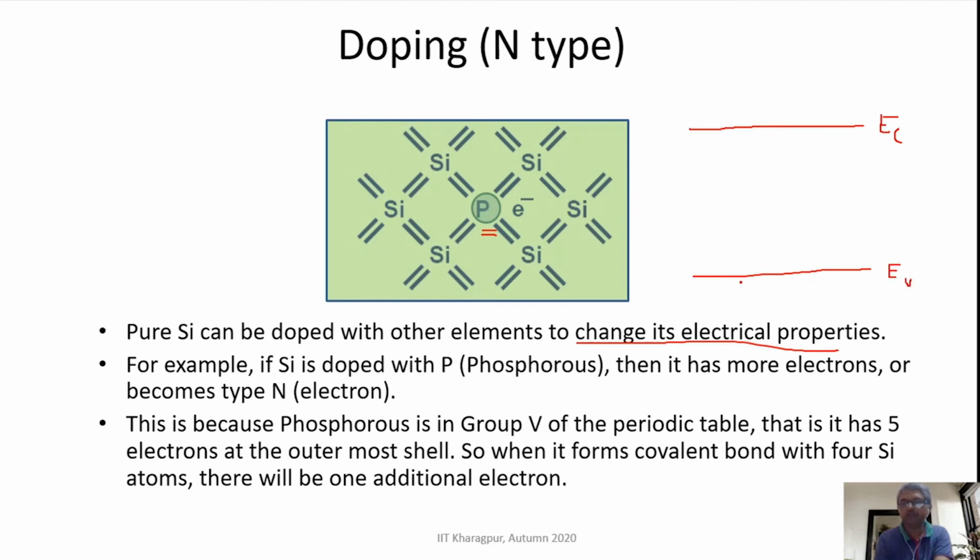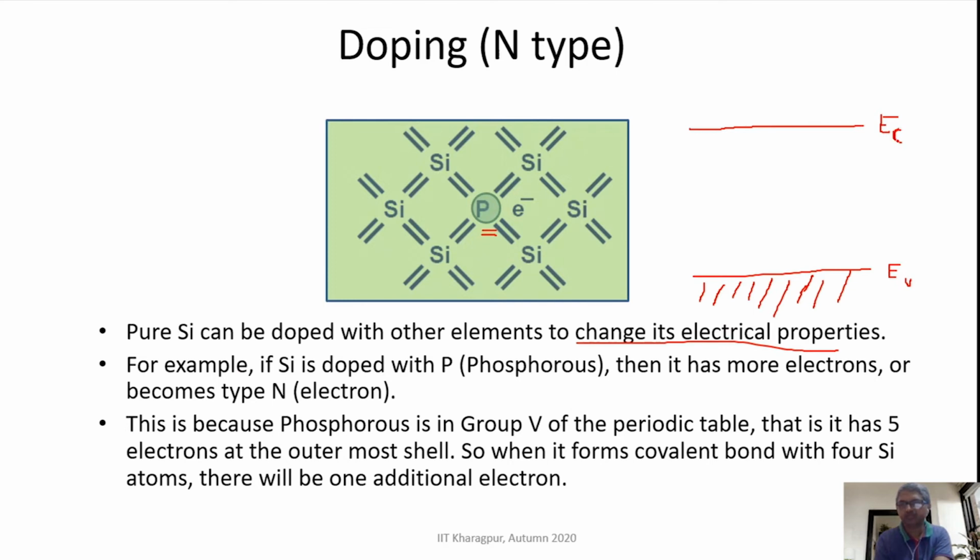The valence band has lots of electrons, packed with electrons. If we use some form of energy, for example thermal energy, these electrons can jump to the conduction band, and they are free to move.